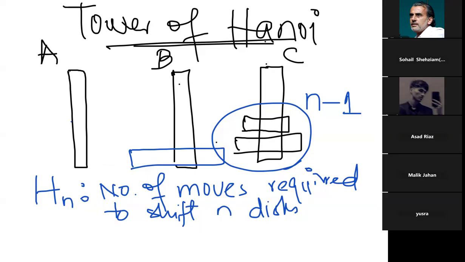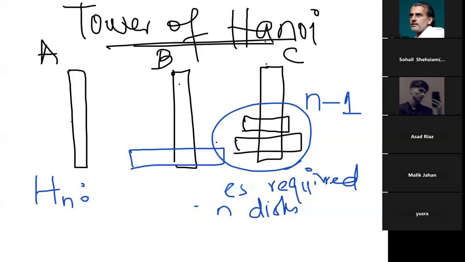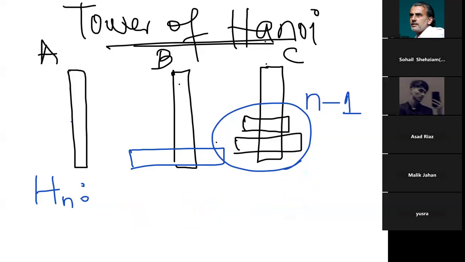So for 2 disks, we can compute some moves which are more than 1. But what if the number of disks would have been n? Then in order to estimate the total number of moves required for moving all disks from one tower to another, the simplest thing is 1, that the number of moves to move the bottommost disk is 1, which we have just moved from A to B, plus we need to have some H subscript n minus 1 moves.